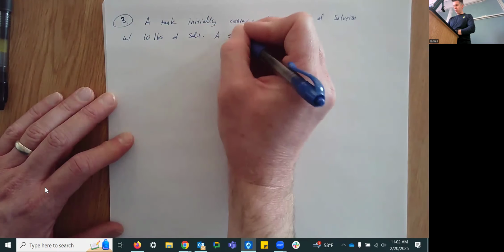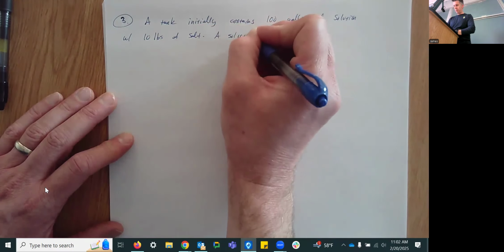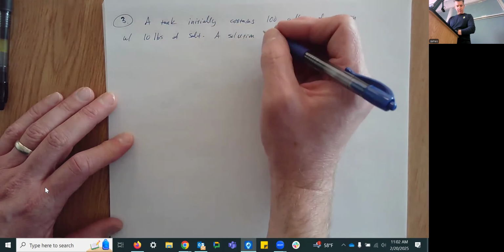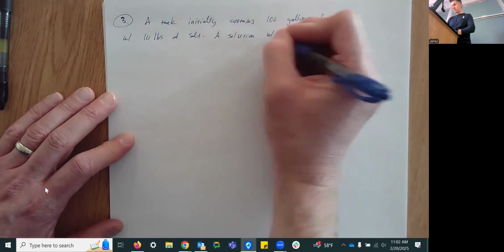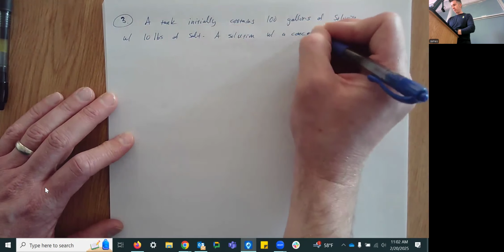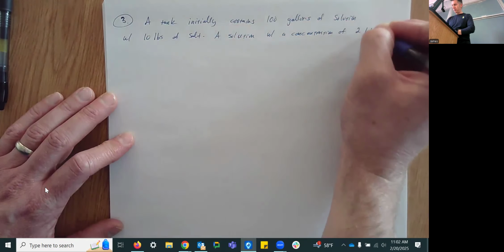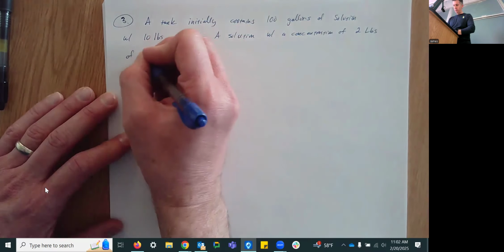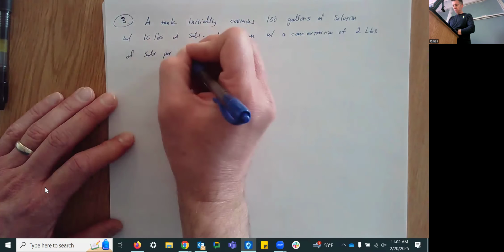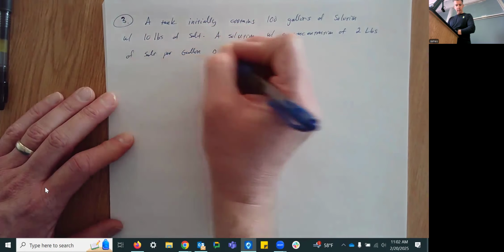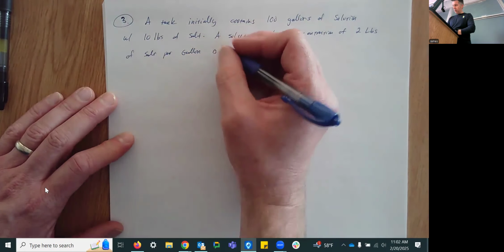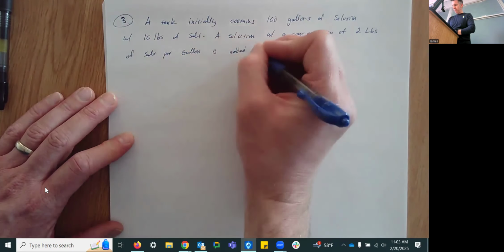A solution with a concentration of 2 pounds of salt per gallon is added to the tank at a rate of 4 gallons per minute.